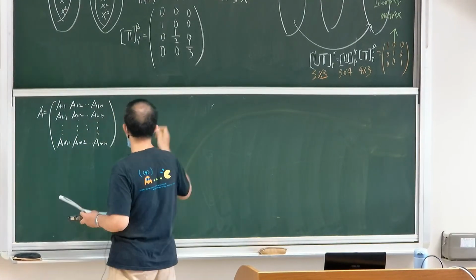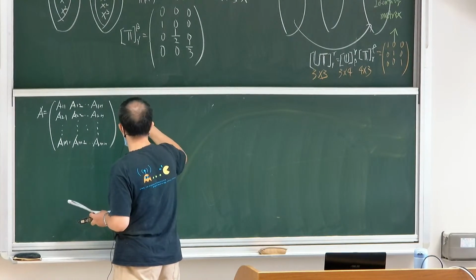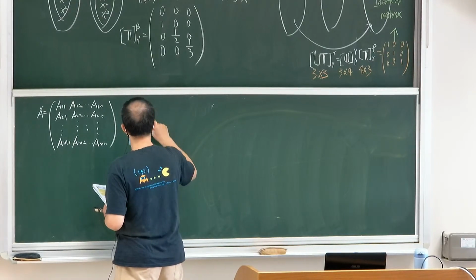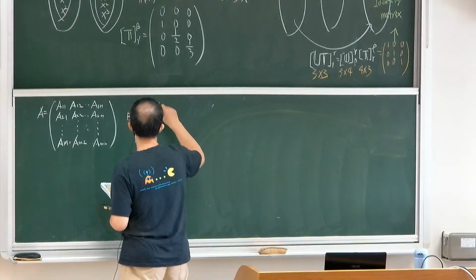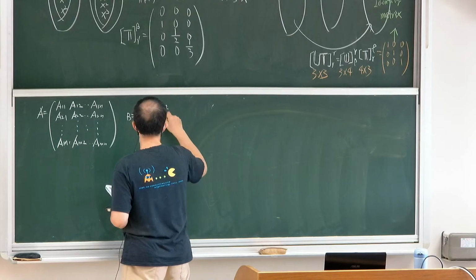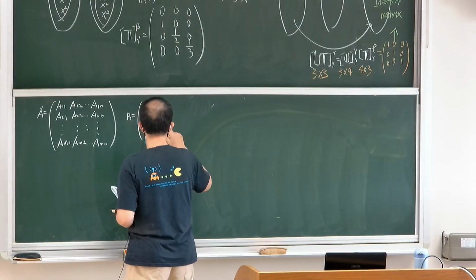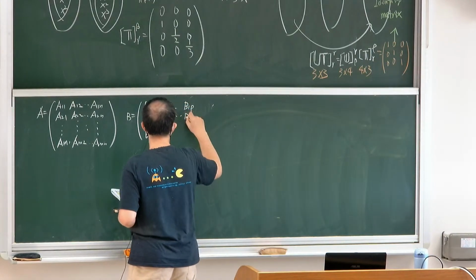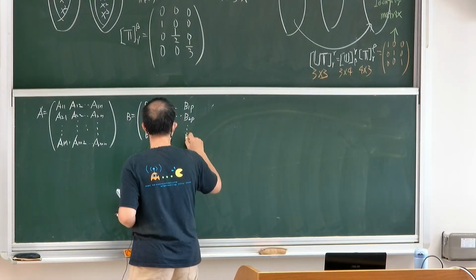And B equals B11, B21 to Bn1, B12, B22 to Bn2, etc., B1p, B2p to Bnp.